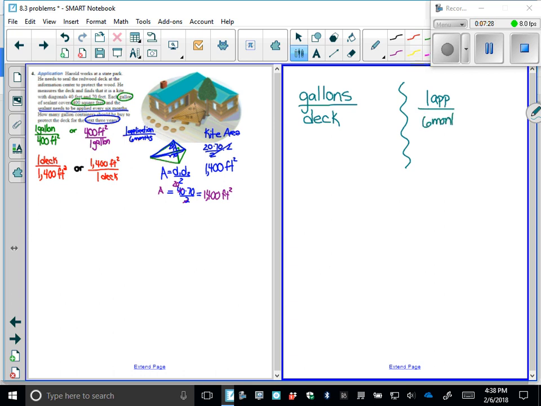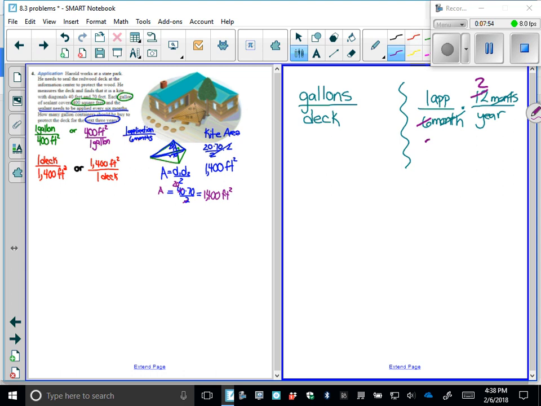You would probably do this with mental math, but there are 12 months in a year, so we need to do 2 applications a year, because 6 goes into 12 twice, right?